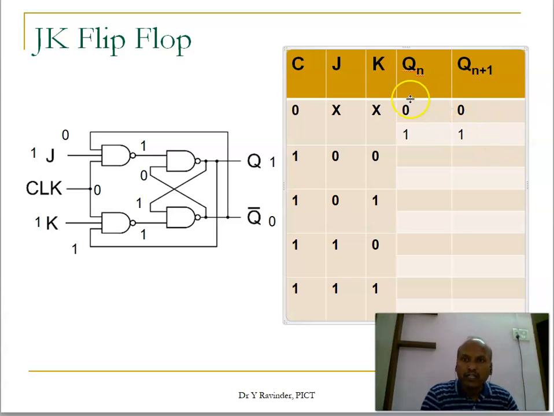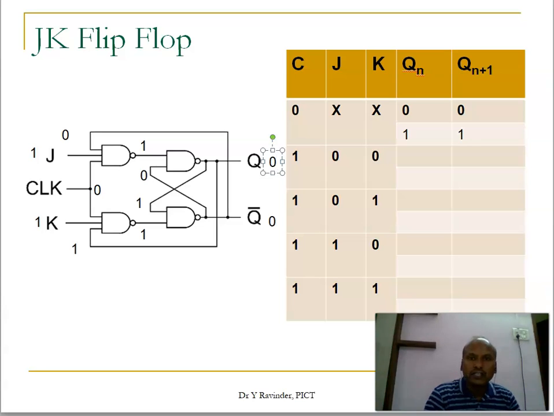Now if I assume that this is 0, this is 1, and this 1 is fed back here. Now this 1, 1 will not change this 0. This will remain as it is, 0.